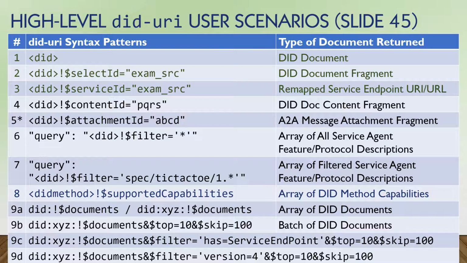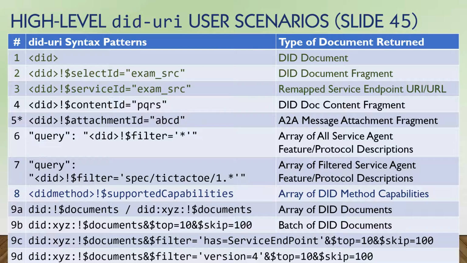In number 7, we can see a similar construct, but when we look at the filter expression, it doesn't just say star. It says spec/tic-tac-toe/1.star. So this is only going to give us the tic-tac-toe features. So we call this an array of filtered service agent feature descriptions.